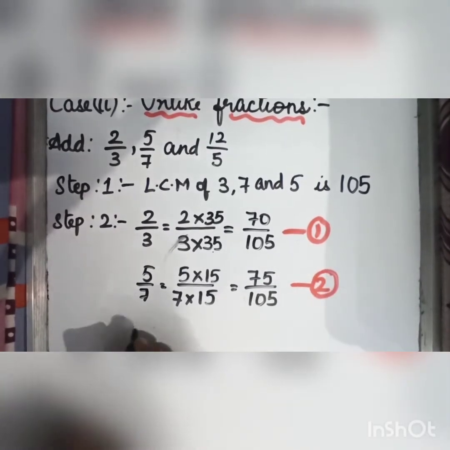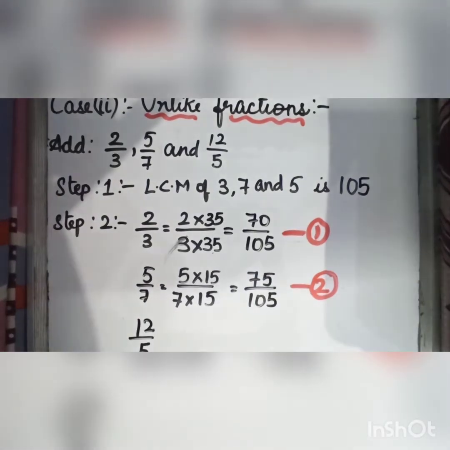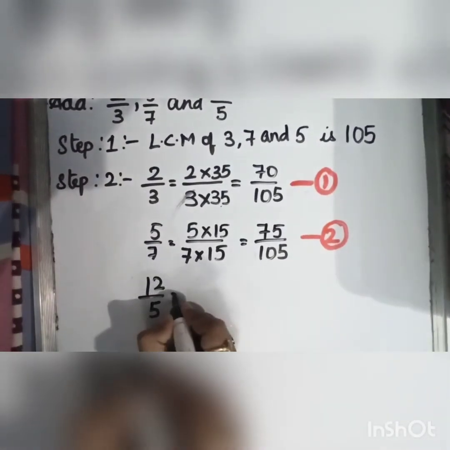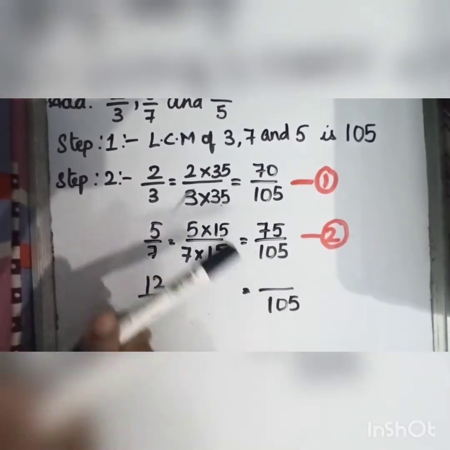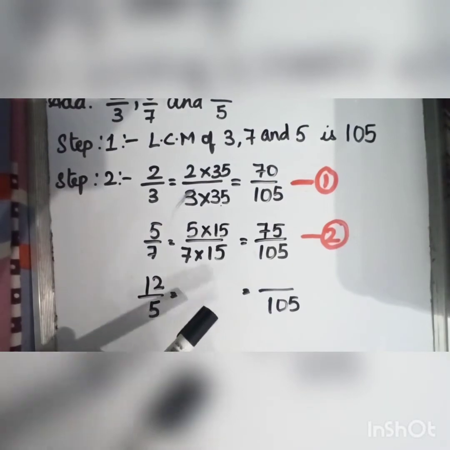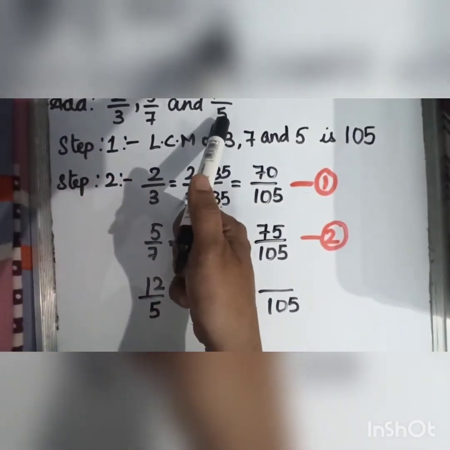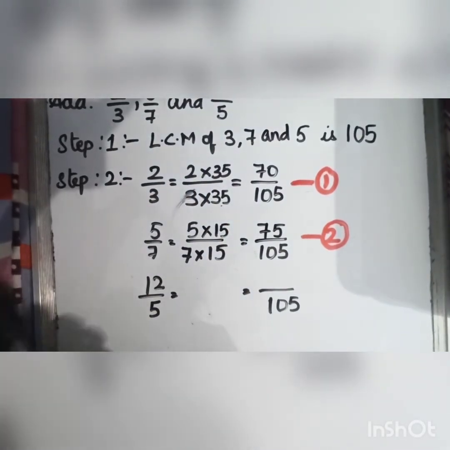The last one, 12 by 5. 12 by 5 should be converted into a fraction where the denominator is 105. Why are we doing these conversions? Because we want to add the given unlike fractions. We cannot add the unlike fractions directly, so we convert them into like fractions.